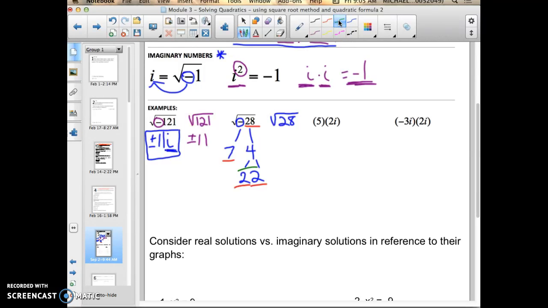I see a pair of 2s. The way I've explained it in the past is consider this radical to be a house or a jail or somewhere that you're stuck inside of. The only way you can get out of the house or out of the jail is if you have a pair or someone to help you out, someone of the same likeness. And so in this case, the 2s come in pairs, and so they can escape the house.